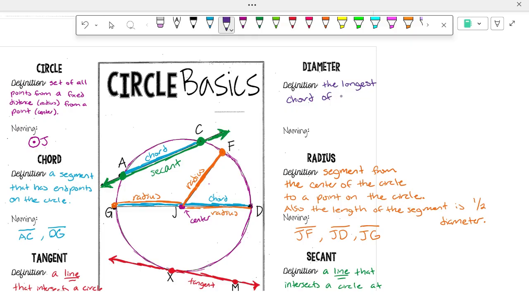So like I said, the diameter is a chord. It's also considered the longest chord of the circle because it goes from the widest part of the circle to the widest part of the circle. It physically cuts the circle in half. And it goes through the center. So the only way that it's the diameter is if it goes through the center point. If it doesn't go through the center point, it's not the diameter, it's just a chord.